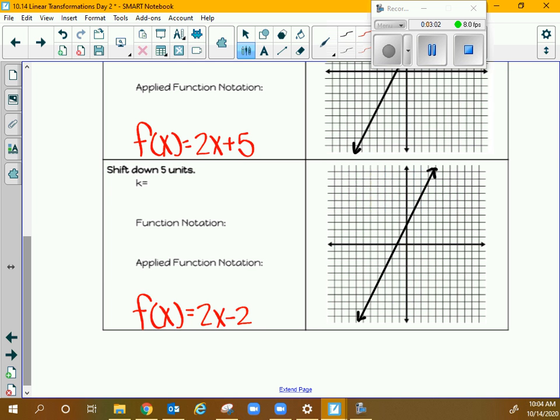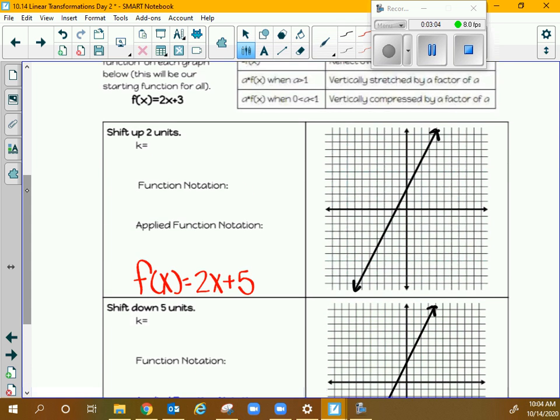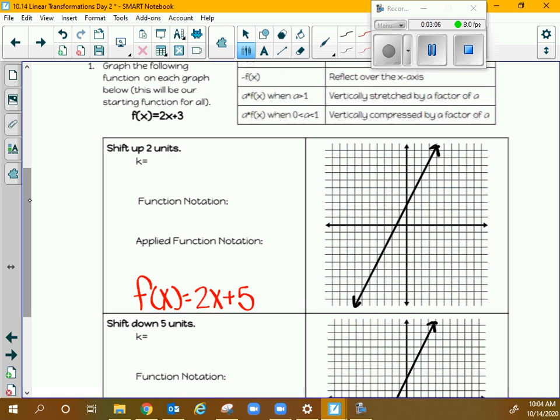We're going to address the rule. The rule for shifting up and down is that you take the f of x, or your original function, and you add a value of k. So if I'm shifting up 2 units, my k value is 2. The value of k is not the important part.